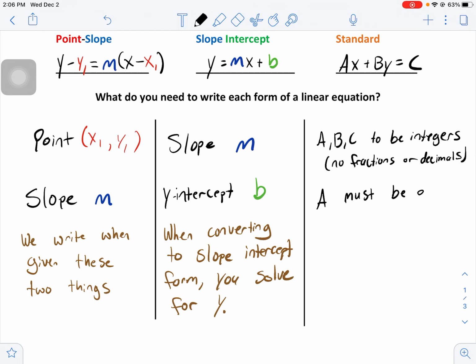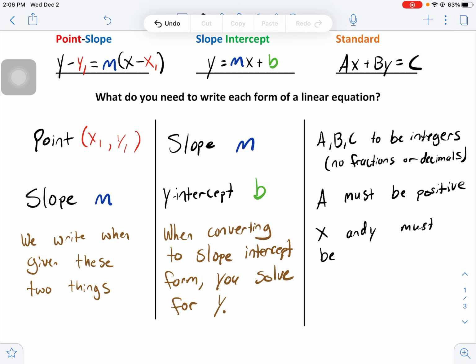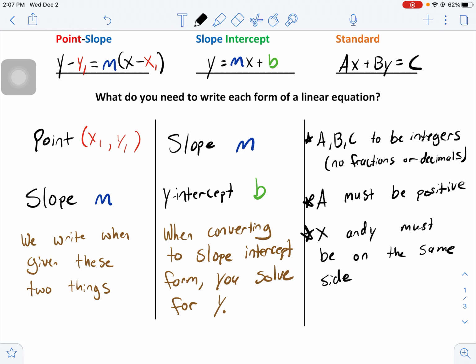A must be positive. X and y must be on the same side. And then, is there anything else that we need to say about that? Integers, a must be positive, x and y must be on the same side. Nope, that's it. So these are the three things that need to be true to be in standard form.